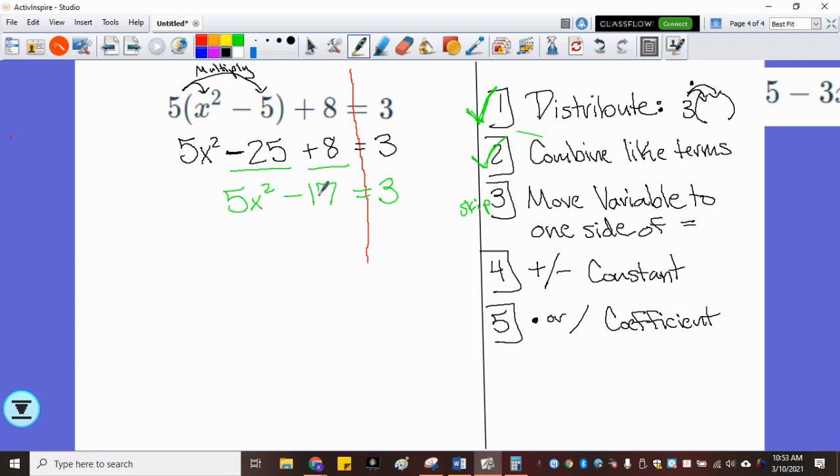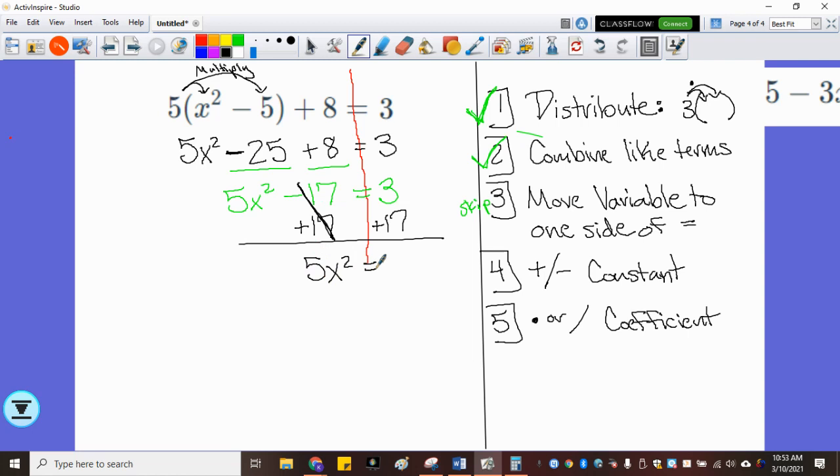So your constant is negative 17. So to get rid of a negative 17, add 17. Negative 17 and positive 17 equals 0.